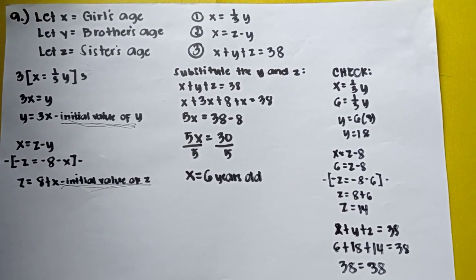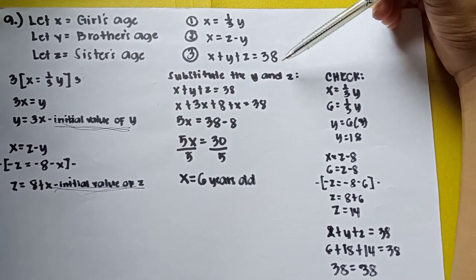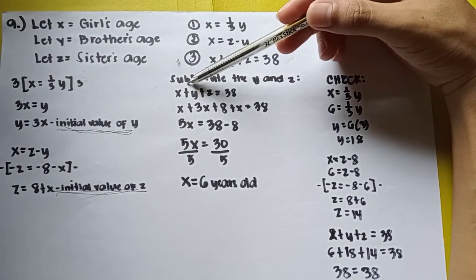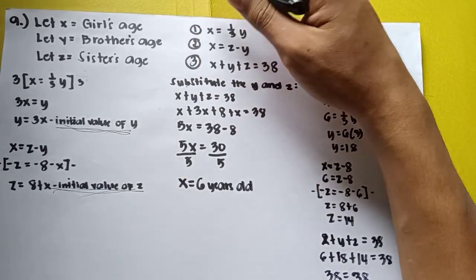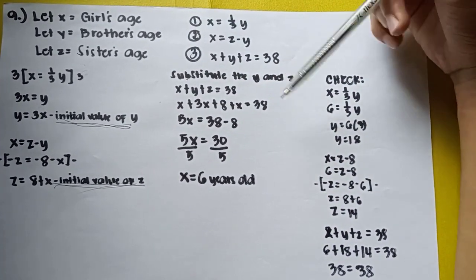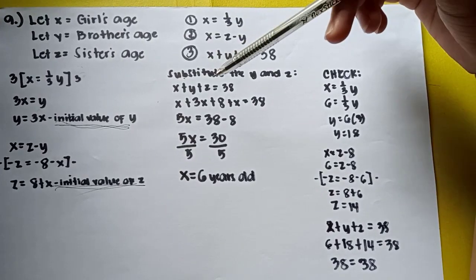Next, we will substitute Y and Z in the equation X plus Y plus Z equals 38.